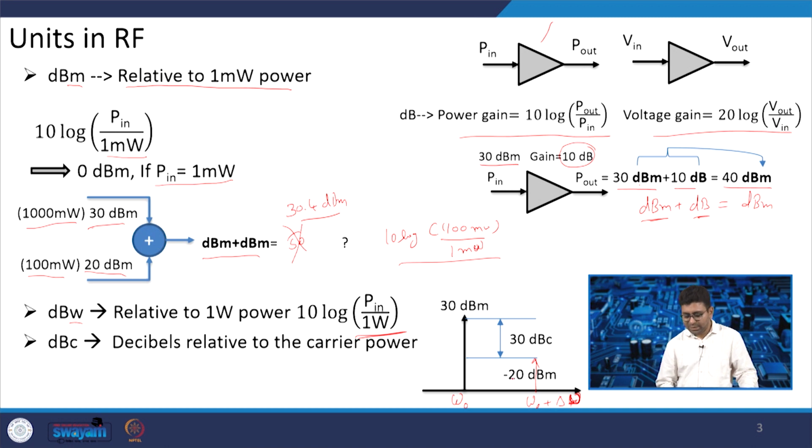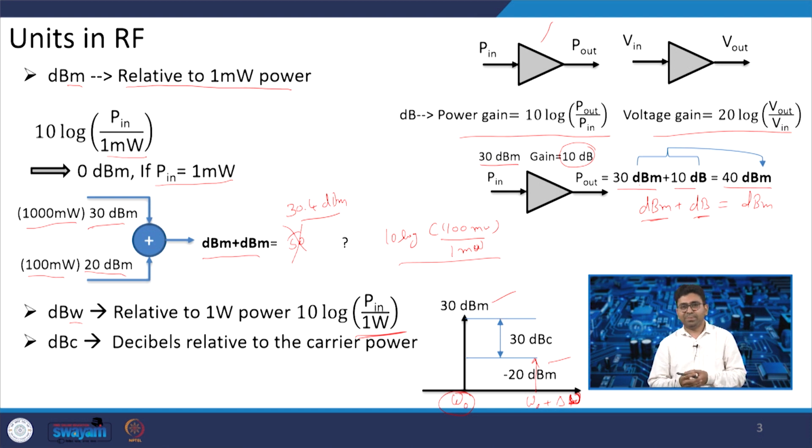If you want to find the power with respect to this carrier, then this carrier has a power of 30 dBm and this has minus 20 dBm. So, the difference between these will give you 30 dBc. So, the desired signal at omega naught plus delta omega is measured relative to the power of the carrier at omega naught.